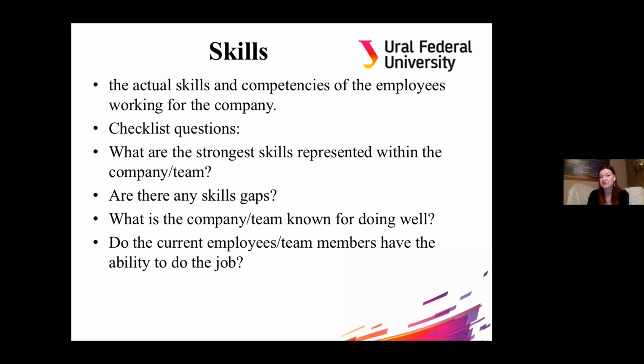And do the current employees, team members have the ability to do the job? Also, how are skills monitored and assessed? Because of course, without monitoring, somebody can tell you that he or she is speaking maybe some extra language and you can't check it.